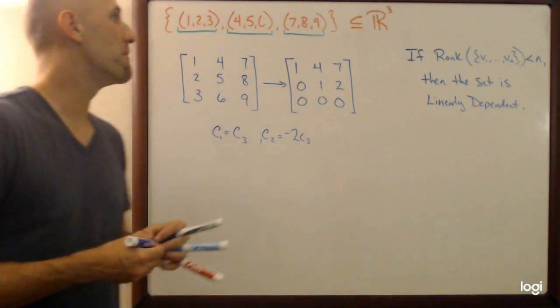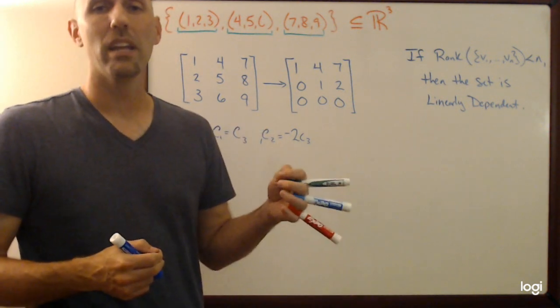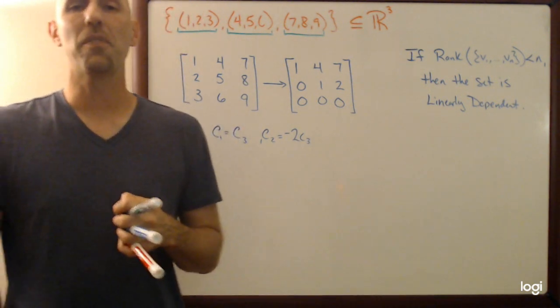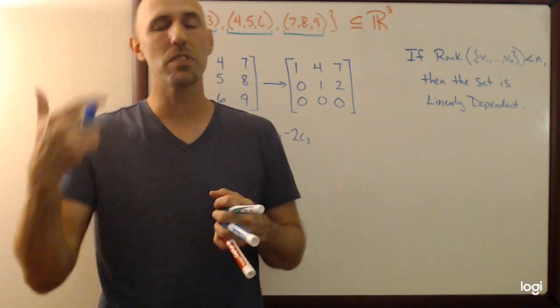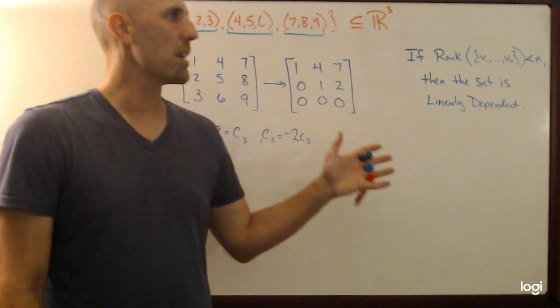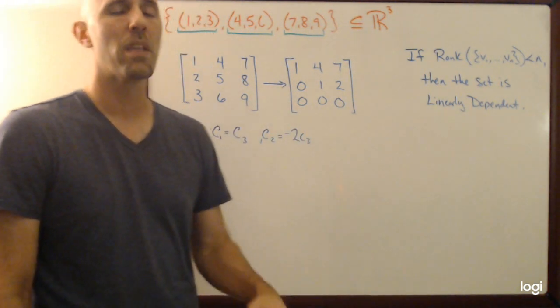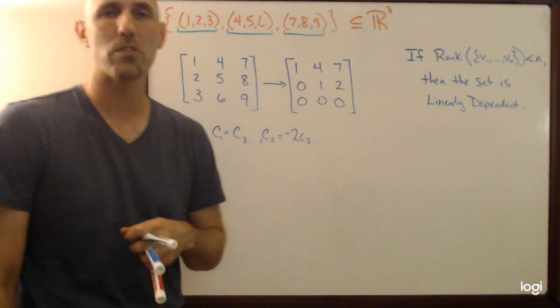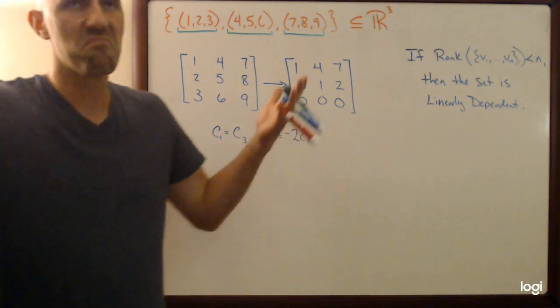Well, this is fantastic. This gives me a very quick and easy way to take a collection of real valued vectors and identify linear independence versus dependence. Take them, stick them in a matrix, put it in row echelon form. If you get a row of all zeros, then the rank will be less than the number of vectors. That's it.